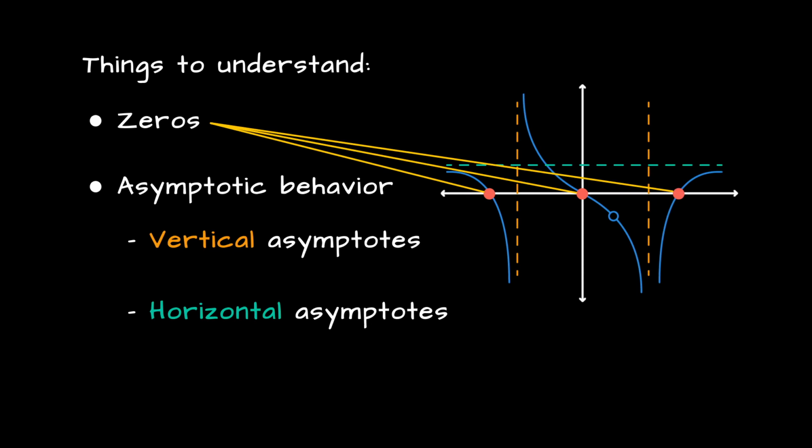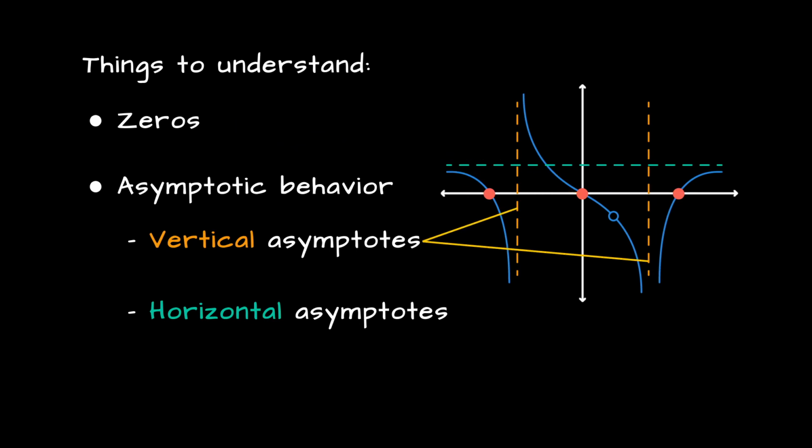They're the three dots shown in the picture. The vertical asymptotes of the rational function are the vertical dashed lines shown in the picture, and they basically represent values at which the rational function blows up and goes to either positive or negative infinity when that particular value is approached.